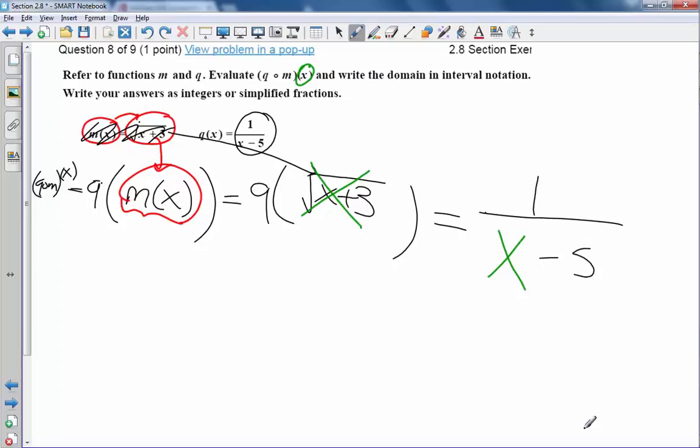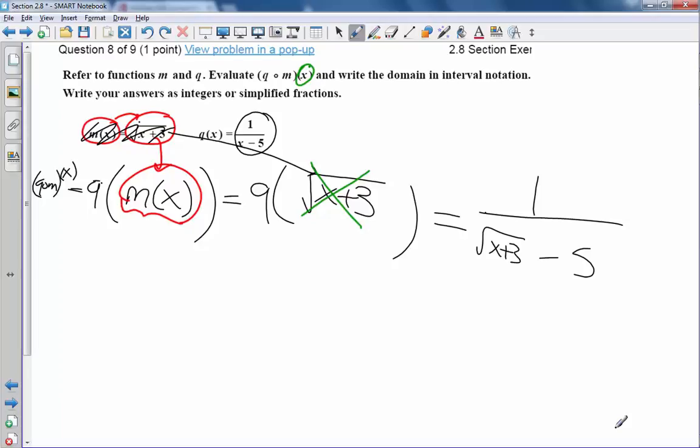But we don't have a giant X there. What do we have? Then take it back. Take what you made back. Instead of this X, I have underneath it square root X plus 3. There you go. That's it.